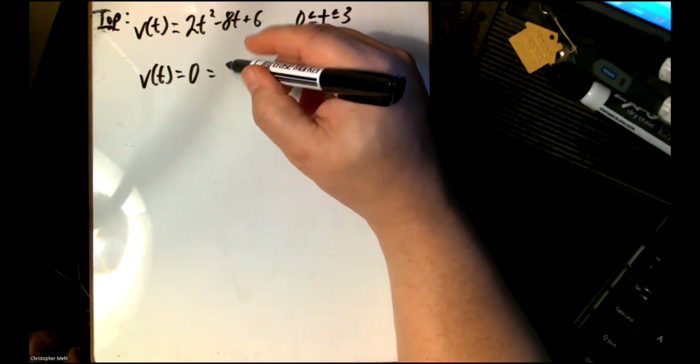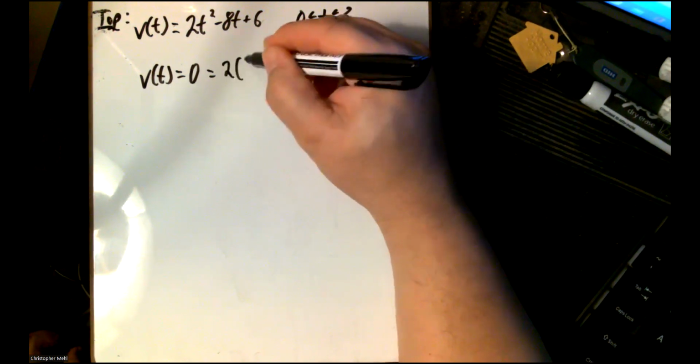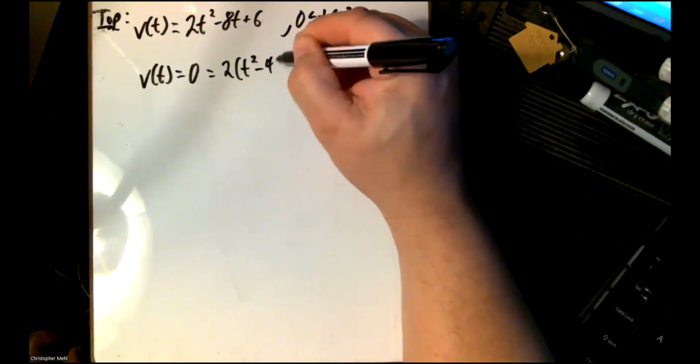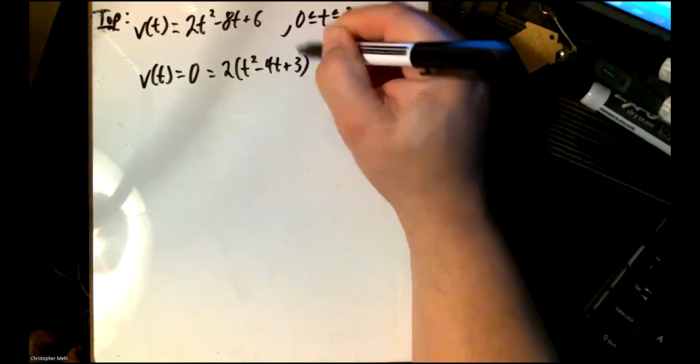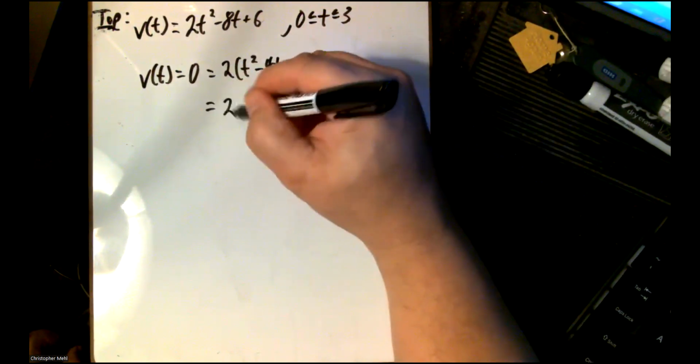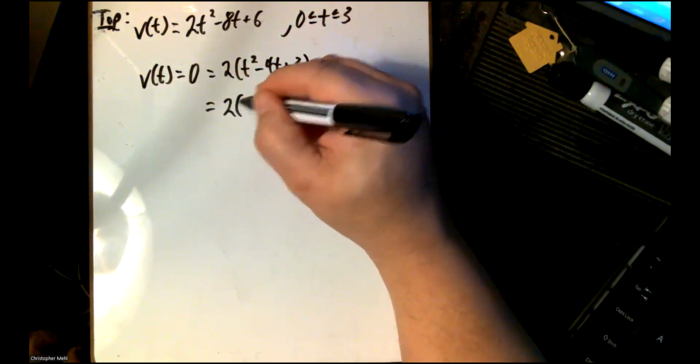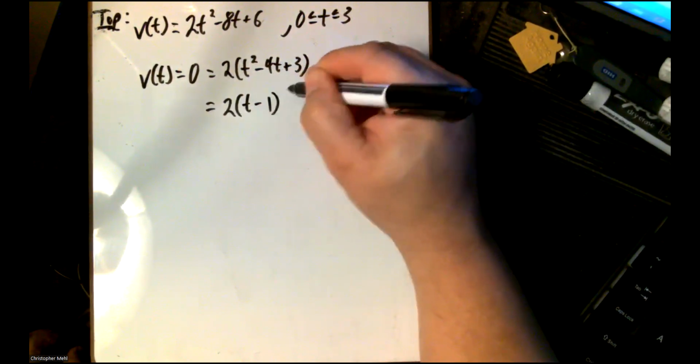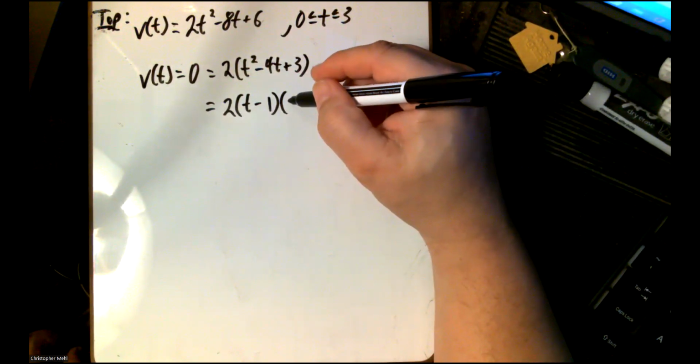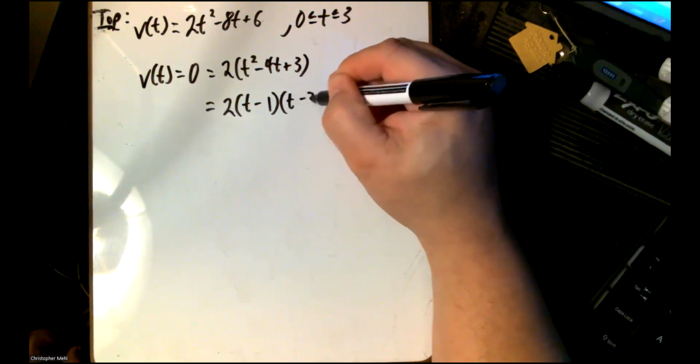I want to set v of t equal to 0. And so I'm going to factor out 2. I get t squared minus 4t plus 3. And if I factor that, I'm going to get t minus 1, t minus 3.